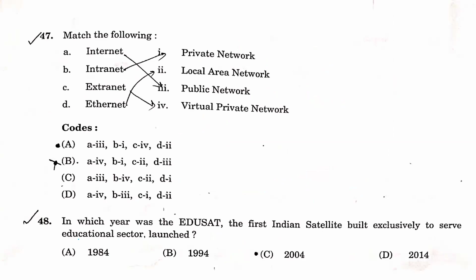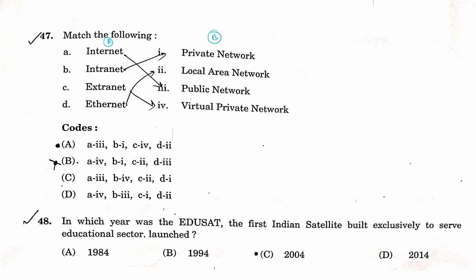Okay. Next question. See, you have to match the column. Here I just name it as column A and B. In column A, you see internet, intranet, extranet, ethernet. You'll have to connect it to the correct words.